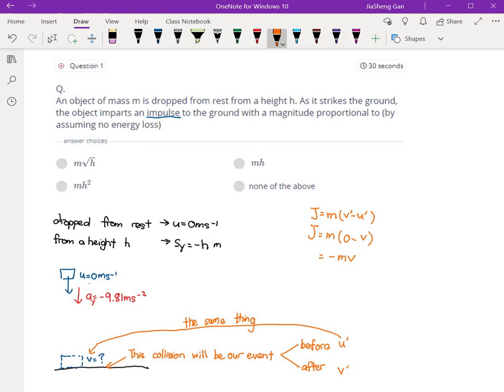So this is the impulse by the ground on the object.